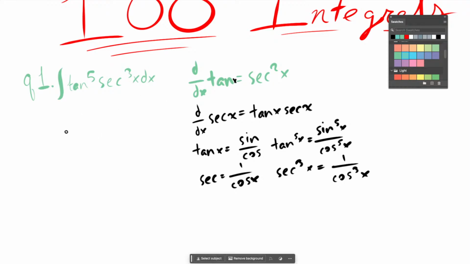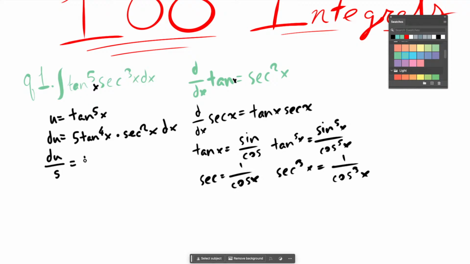Now, let's substitute u for tan. So u equals tan 5x, and du equals 5 tan 4x secant squared x, so that means we get du over 5 equals tangent 4x times secant squared x dx.